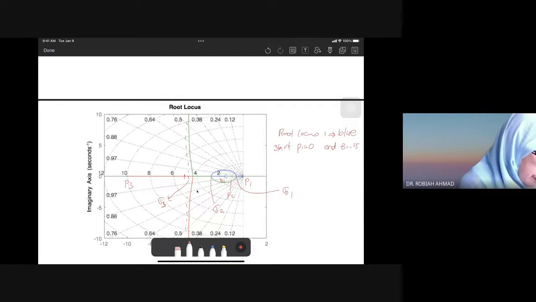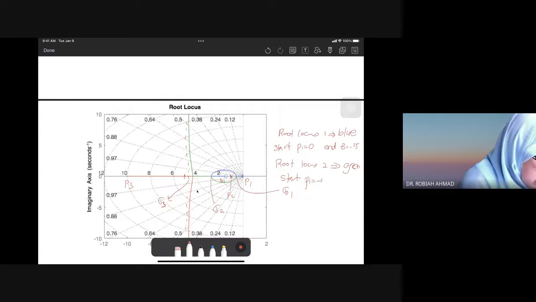Right? And then root locus number 2, green, yes, green. It starts at P2 equal to minus 1, this one. This one is green.